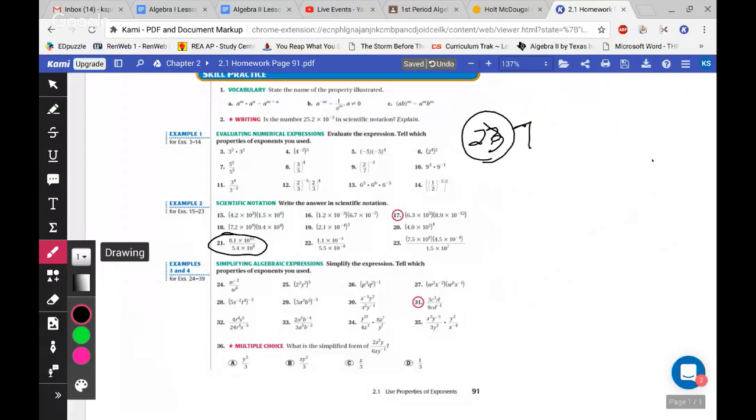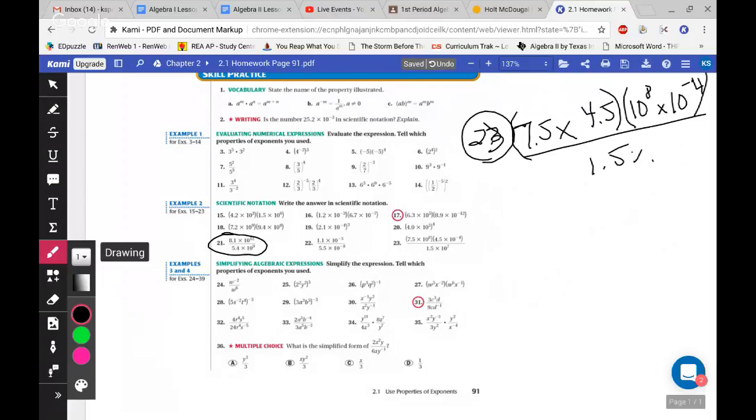Instead of rewriting the whole problem, since I don't have a lot of room, I'm going to regroup what's on the top by doing 7.5 times 4.5, and then 10 raised to the 8th times 10 to the negative 4th, all over 1.5 times 10 to the 7th.